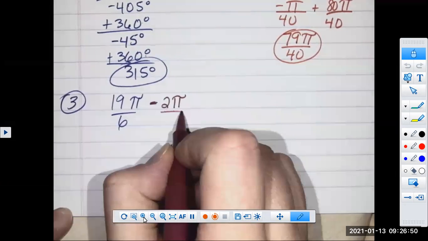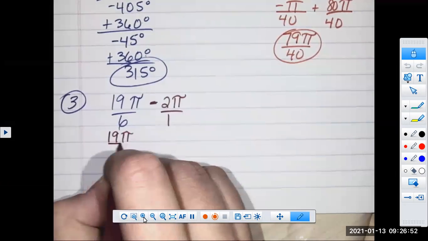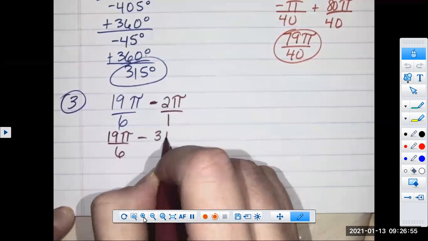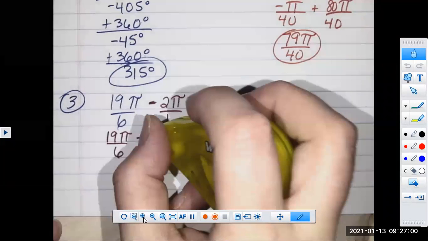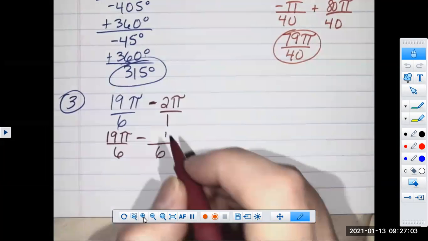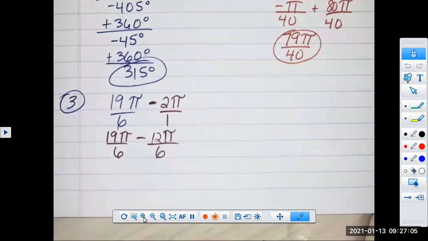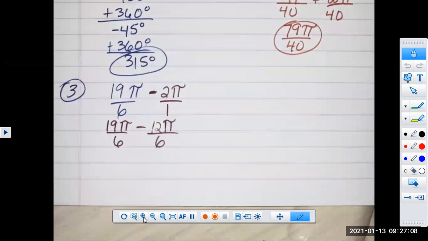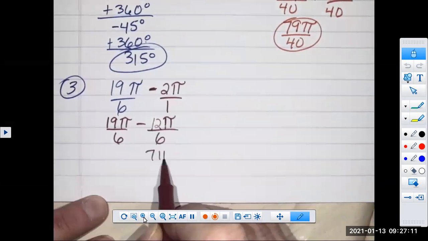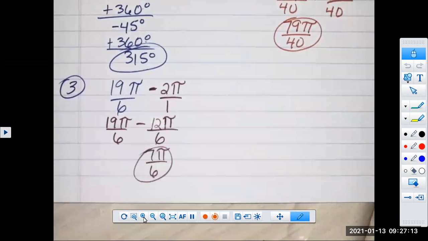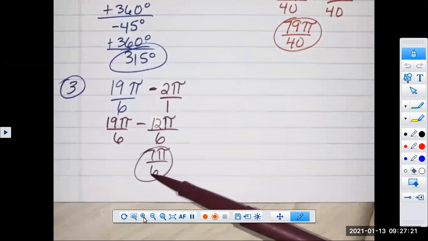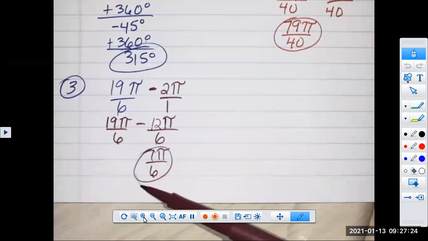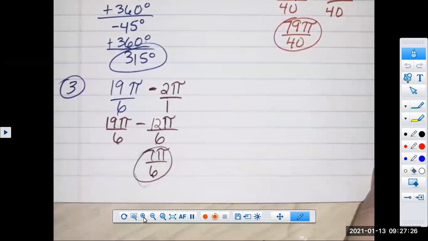So find a common denominator of 6. 2 pi turns into 12 pi over 6, and then you get 7 pi over 6. That one looks better than the last one. Always double check and make sure that 7 over 6 is less than 2, and it is, so this is under 2 pi. Okay, do you have any questions?